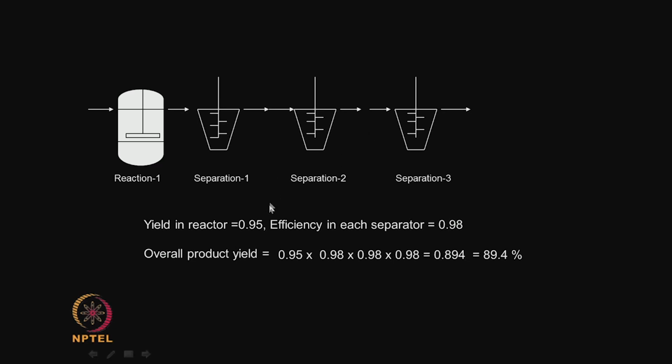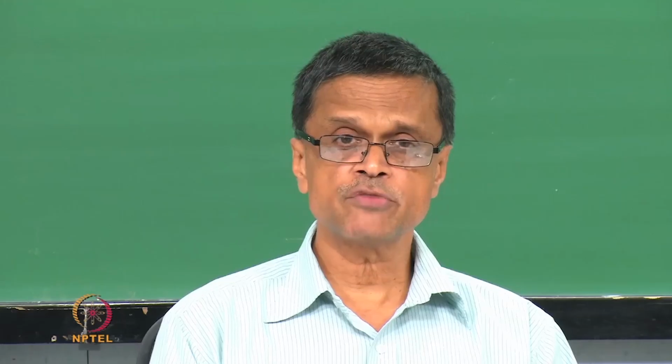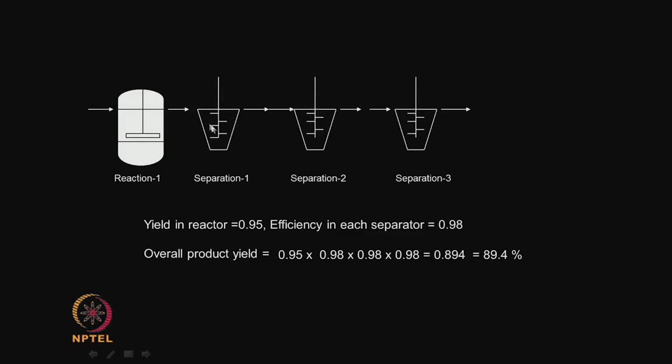Although the 95% and 98% look very large, when you consider all of them together, you lose a little material in each one of the downstream steps. So, when you multiply all of them, you end up with a much lower number, 89%. That means you are losing almost 11% of your product in a particular flow sheet which contains one reactor and 3 downstream steps. Now, let us try to make it more complicated.